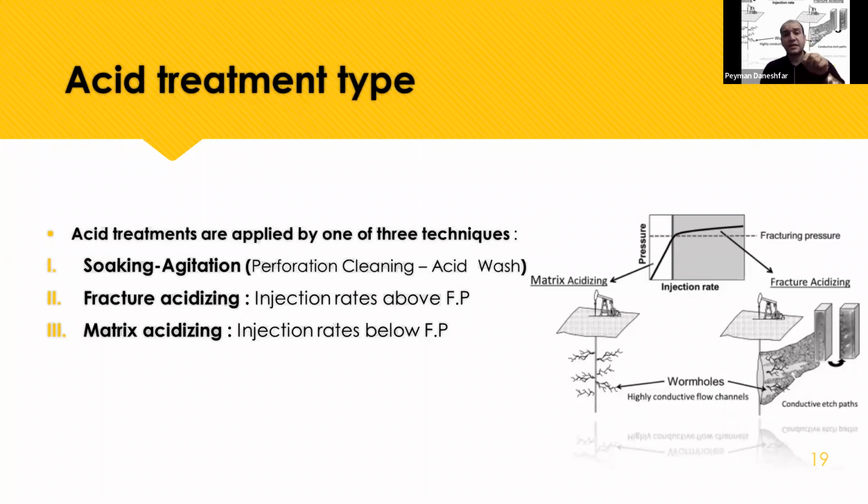If you make a mistake in calculating the pumping pressure, you do a bad acidizing job. Suppose you want to do a matrix acidizing, but you don't know the fracture pressure, and you pump the acid into the formation above the fracture pressure. It leads to fracturing your formation, and it's not a good fracture in the formation, okay?